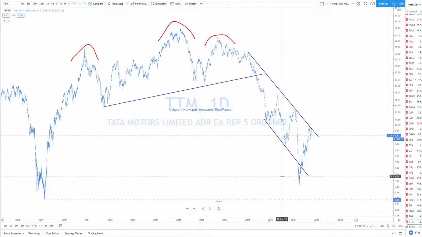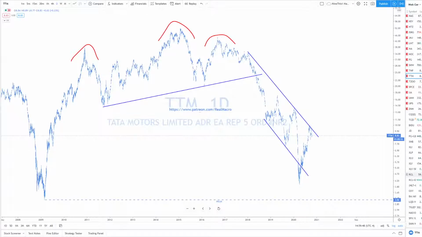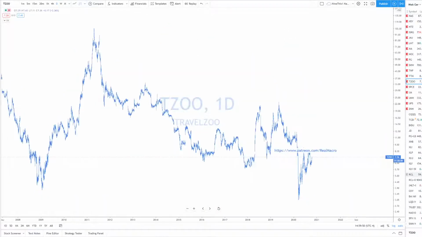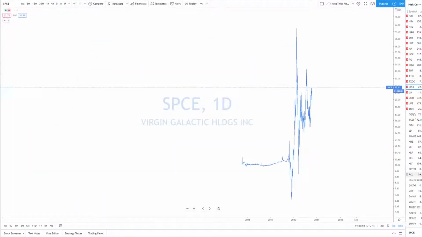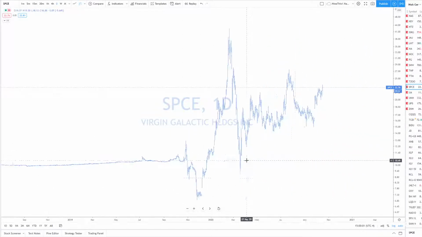On a break, I think it will be okay. But you know, car sales is not the place to be. And TravelZoo, yeah, I'm surprised it bounced as much as it has. Yes, Virgin Galactic. To the moon. Yes, this is what we worry about.